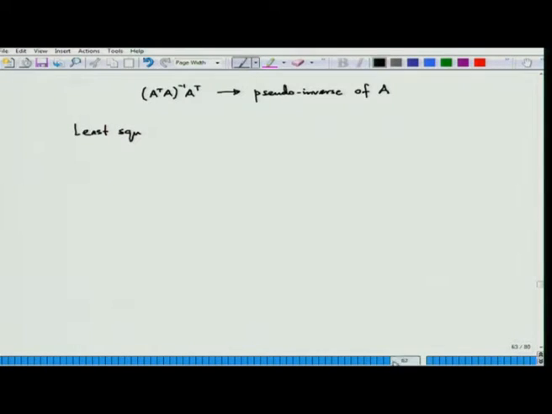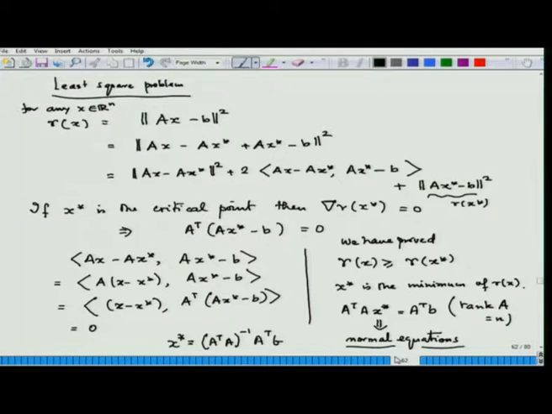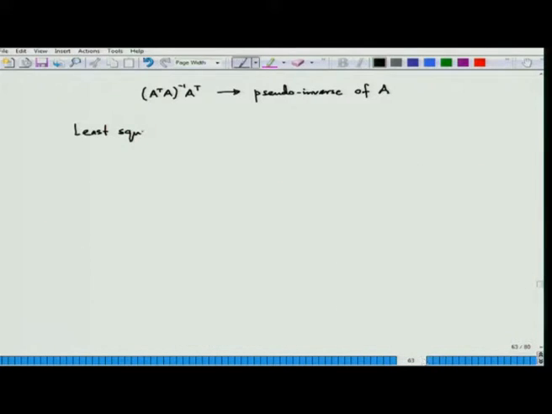The discussion that we were doing in the last class was just a demonstration of how optimization in the form of minimizing a square, the least square, can be used to solve problems of linear systems of equations. So, the least square problem is essentially trying to minimize a function f of x which itself is expressed as a sum of squares.